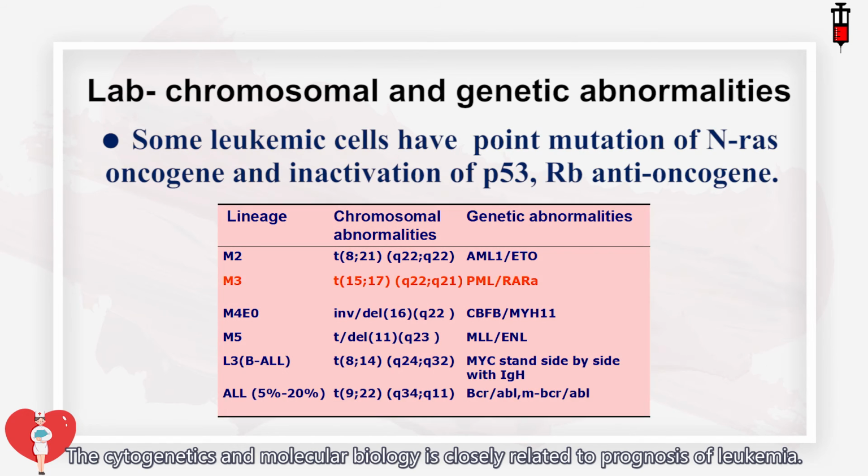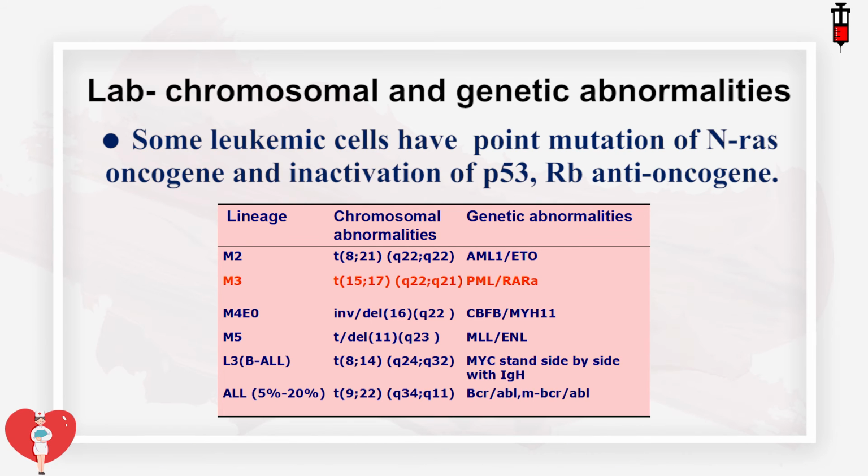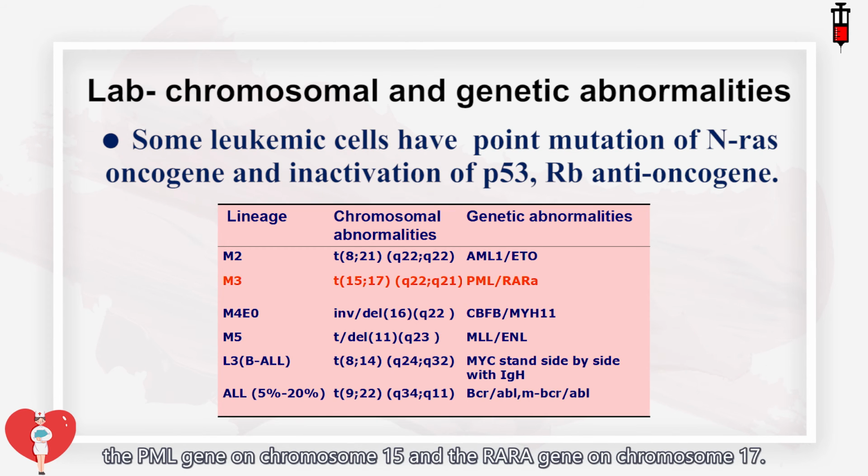The cytogenetics and molecular biology are closely related to the prognosis for leukemia. For example, in M3, there is a translocation between chromosome 15 and chromosome 17. The mutation involves two genes, the PML gene on chromosome 15 and the RARA gene on chromosome 17.